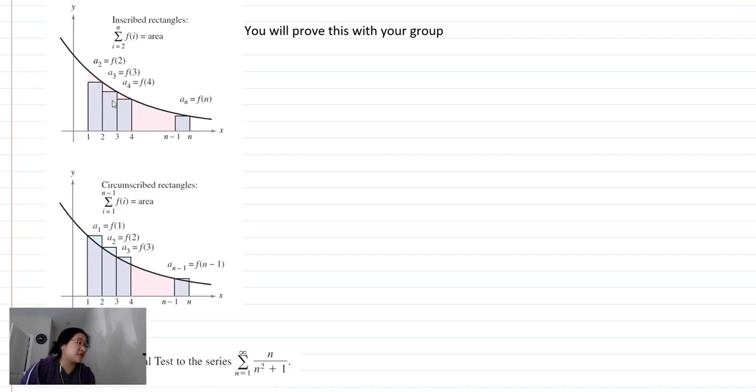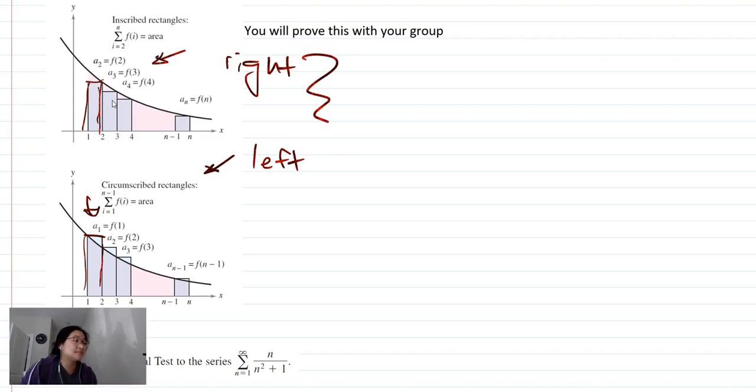And we can think about that area in 2 different ways. We can think about either circumscribed, which means that we're looking at the upper sum, or inscribed rectangles, looking at the lower sum. And for this, the circumscribed rectangles, that's going to be the left Riemann sum, and the inscribed rectangles is going to be the right Riemann sum.